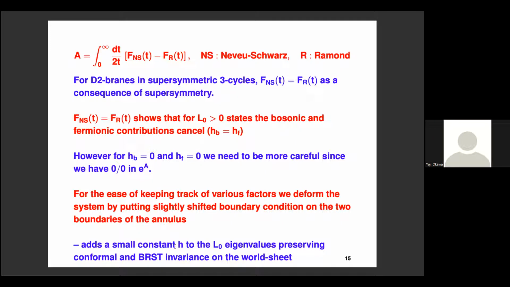But I'm a little bit confused, because it is kind of like going to the Coulomb branch. So then how do you modify the ghost sector? Even in the ghost sector, it just adds this h, because you're just adding a twist.